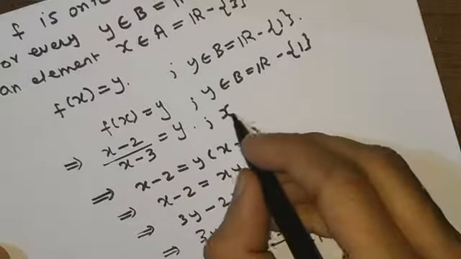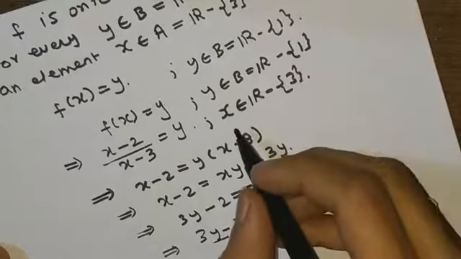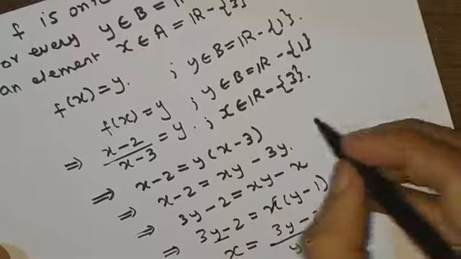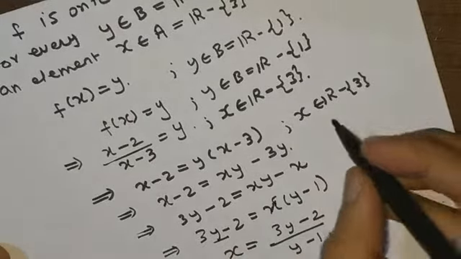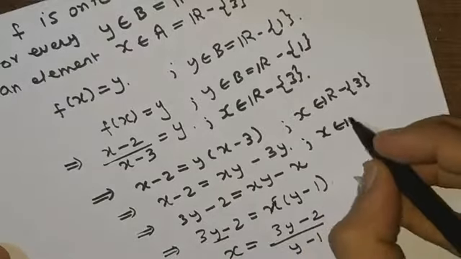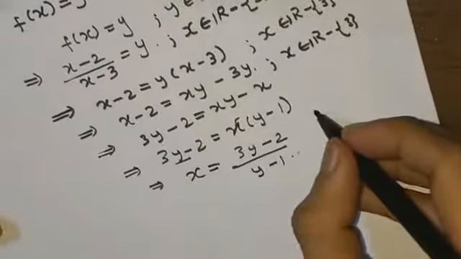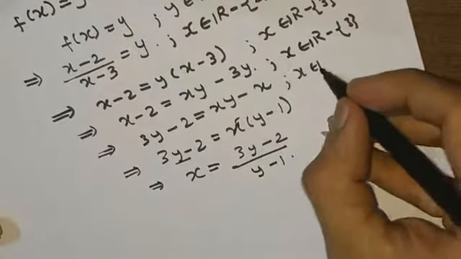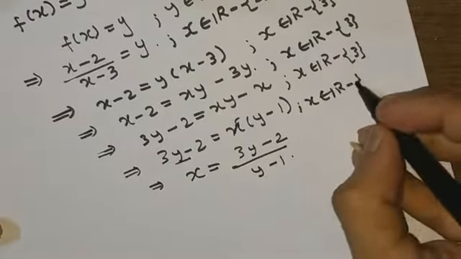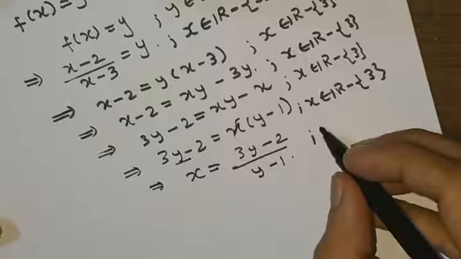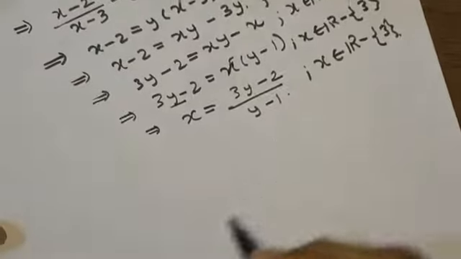So here you should have x belongs to R minus the singleton set 3. Okay, so everywhere you should have this condition: x belongs to R minus singleton 3.